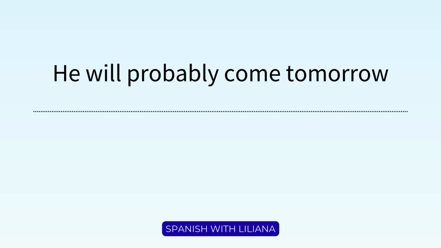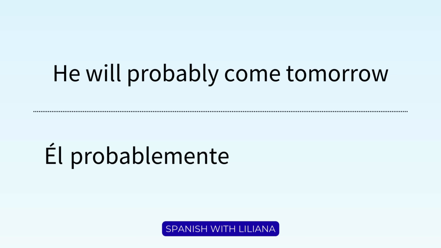How about this one? He will probably come tomorrow. How would you translate this sentence in Spanish? So there are a few ways to do it. If we use the pronoun, we can start with él, he, and then probablemente. Probably. In Spanish, we have a future tense, right?